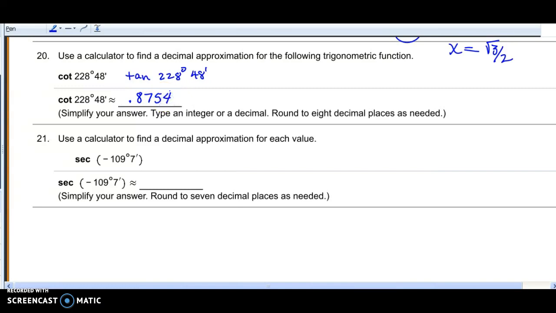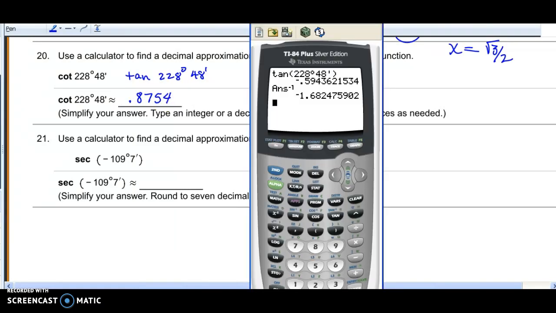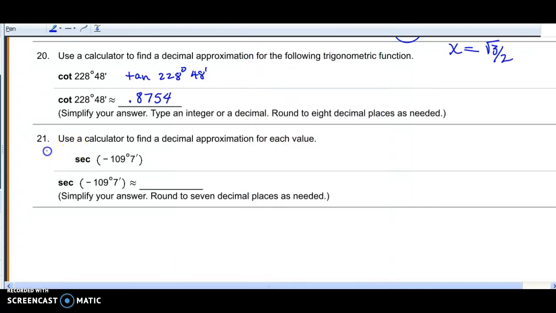So, word to the wise, make sure your calculator is in the correct mode. And let me check that again. Number 20, 0.8754. Okay, so don't do like me in that.